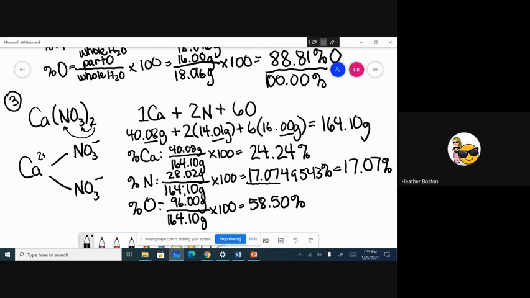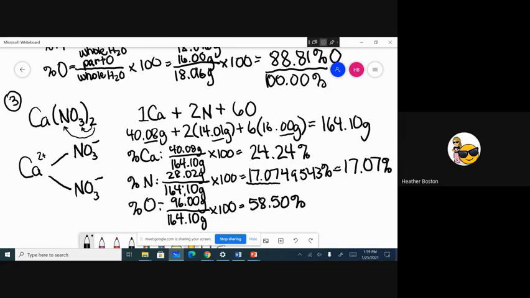So now when you add those up, you're not quite going to get exactly 100. That's because we did a little bit of rounding.